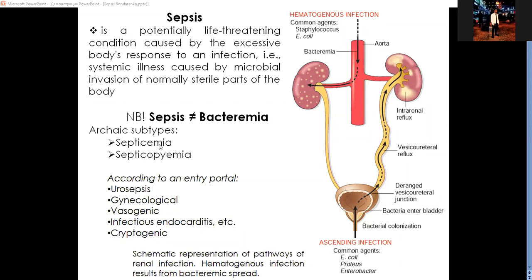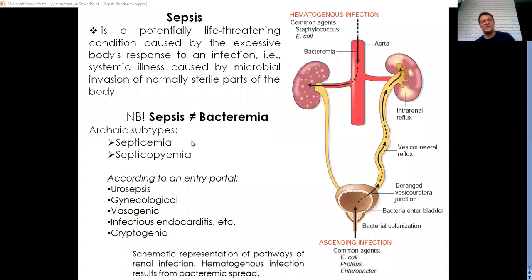Anyway, in some cases, the systemic inflammatory response during sepsis could be of a very high level, and in such a way, this type of sepsis is called septicemia.